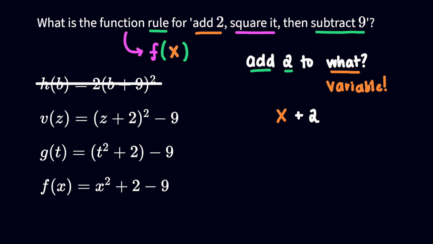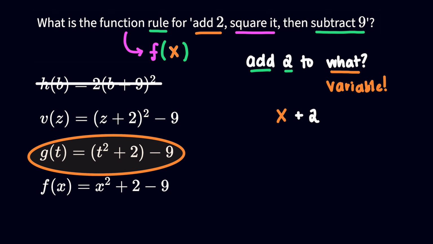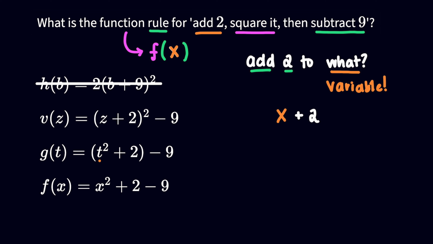So that will stay for now. My next one, it has the t plus 2, but looks like something happened here, where you're squaring their variable and then adding 2. That's not what we wanted to do. We wanted to add the 2 and then square the whole thing, right? We don't want to square first and then add 2.